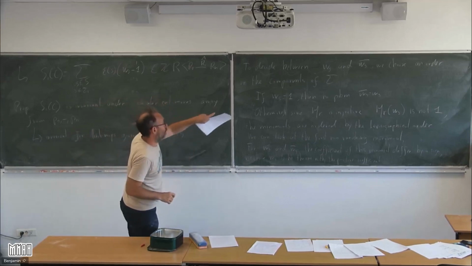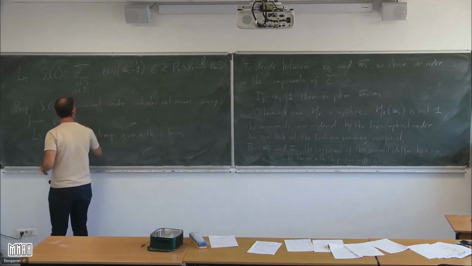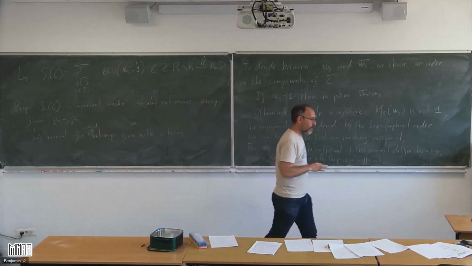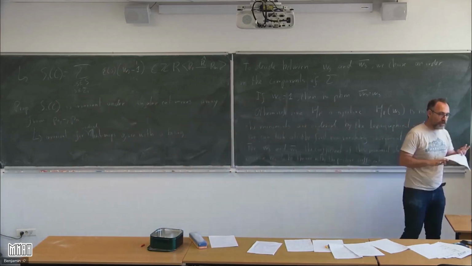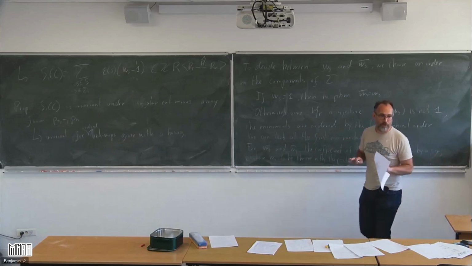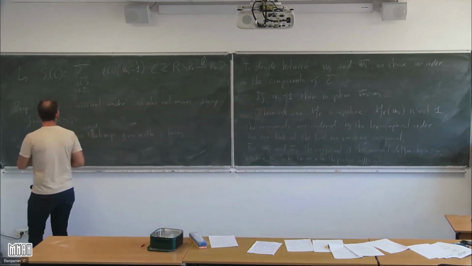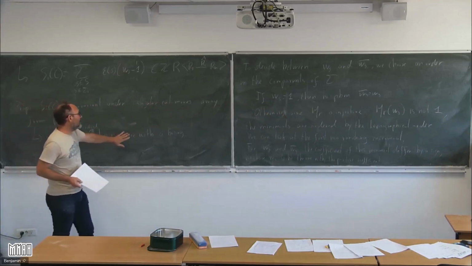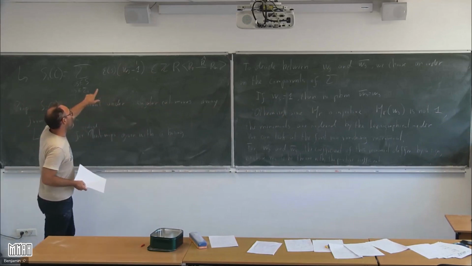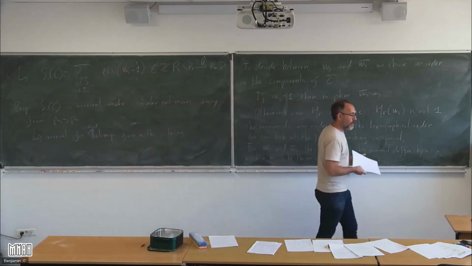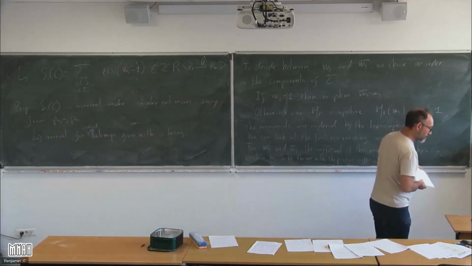And actually, it's for ordered link maps. And by ordered, I mean you have an order of the components. And from now, we will always have an order on the components, so we'll keep this data. So we get an invariant, but only for link maps given with a basing, because the result will depend on the chosen meridians. Okay?